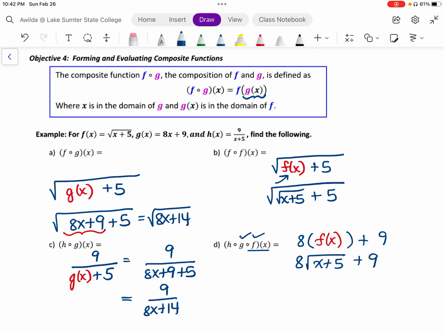Now all of this is going to become the input for h. So what is the rule for h? h is equal to 9 over the input, which is in this case g of f of x, plus 5.